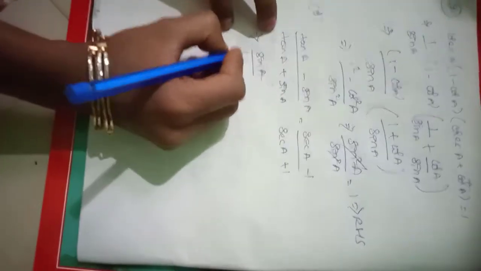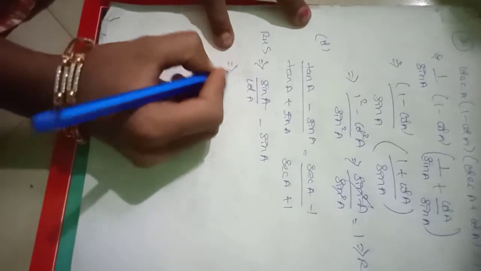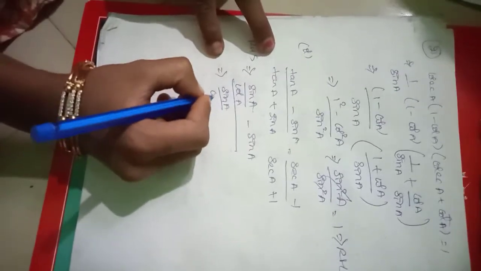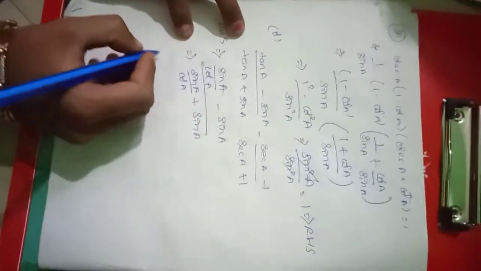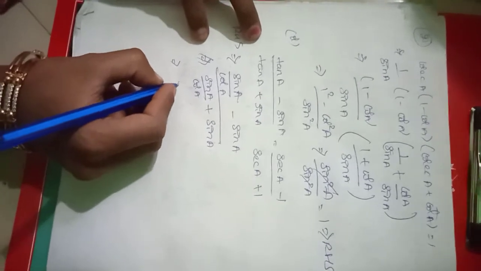Then tan is written in terms of sin as sin A by cos A minus sin A. I am taking the LHS. Then divided by sin A by cos A plus sin A. Sin A is the common factor in this equation.